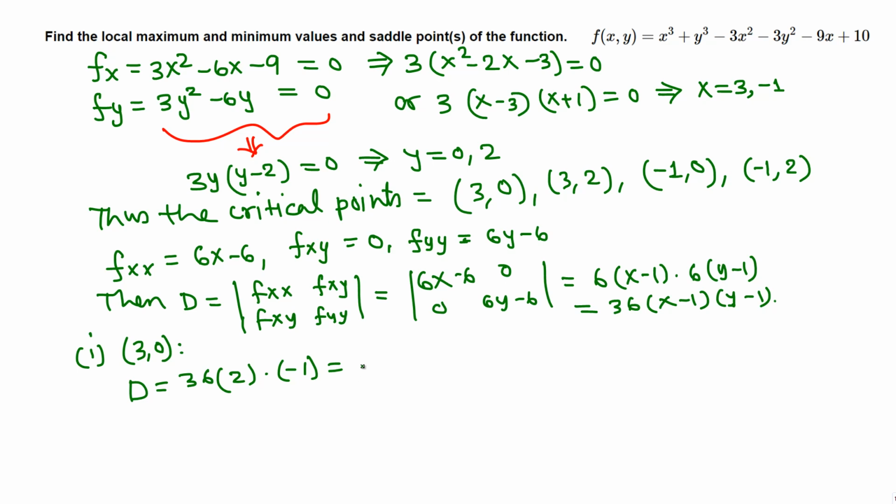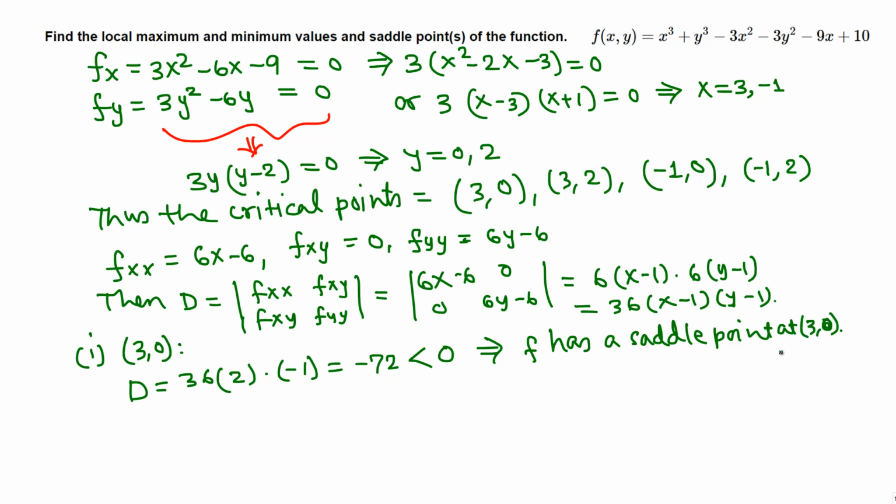So this will be a negative number. When the discriminant is a negative number, that implies the function has a saddle point. So f has a saddle point at (3, 0), at this critical point.